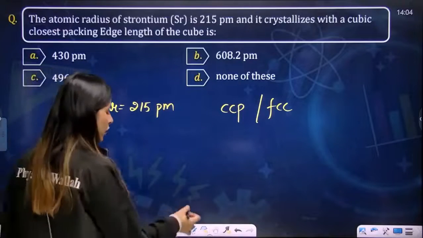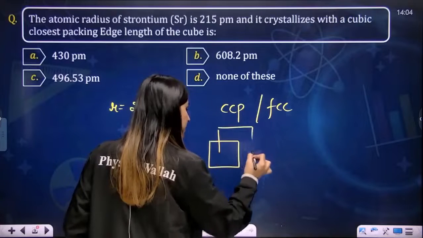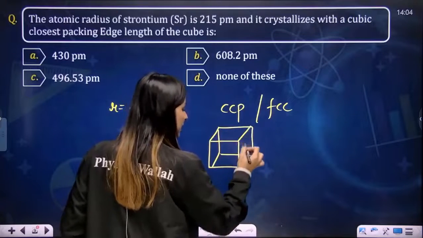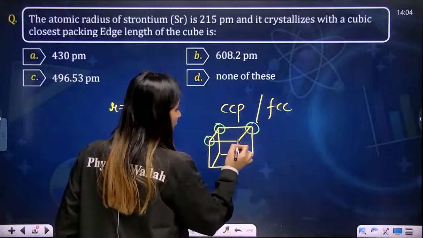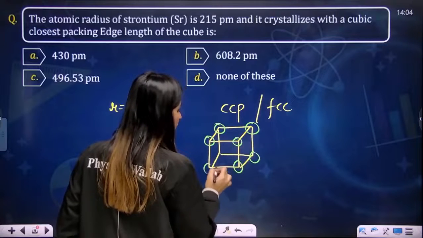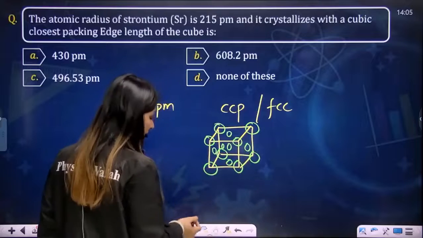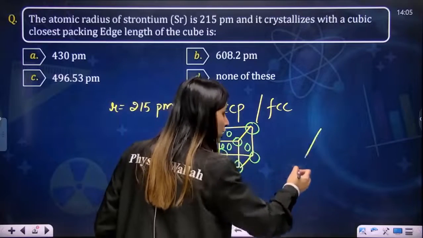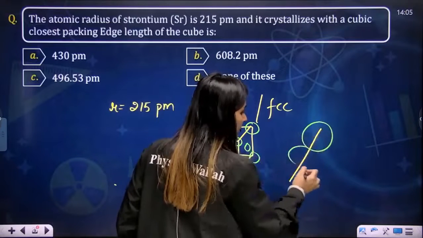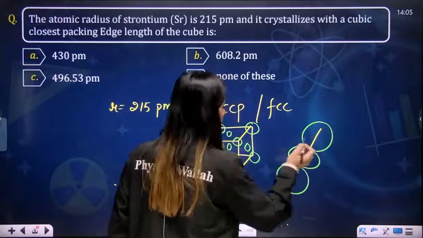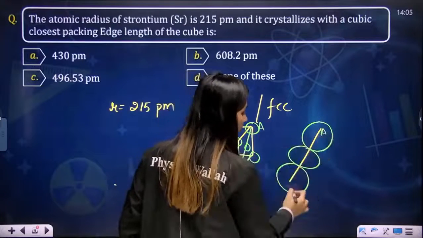For a FCC lattice, I have the crystal system like this, and my atoms are present on the corner as well as on the face centers, right? And atoms touch each other along the face diagonal. So this would be my one atom, my second atom, and my third atom, and let's say this is A and B.